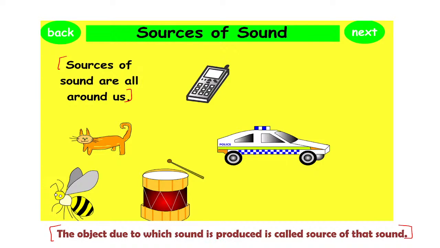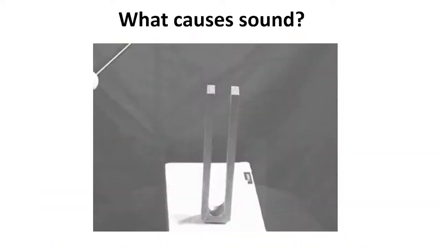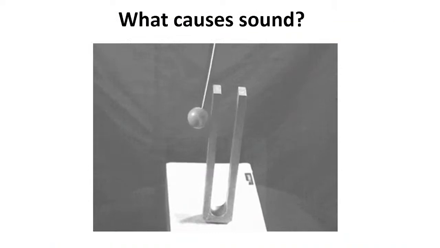Can you name some more examples in the chat box? Any more examples of sources of sound that you hear in your surroundings and that can act as a source of sound?